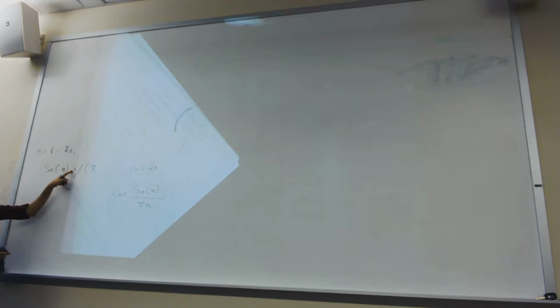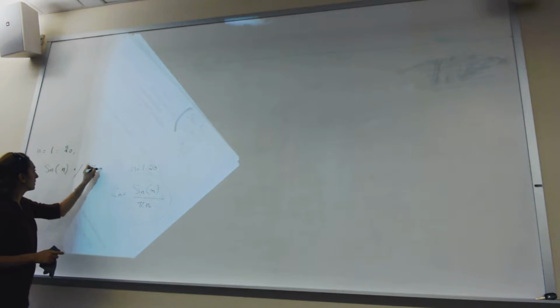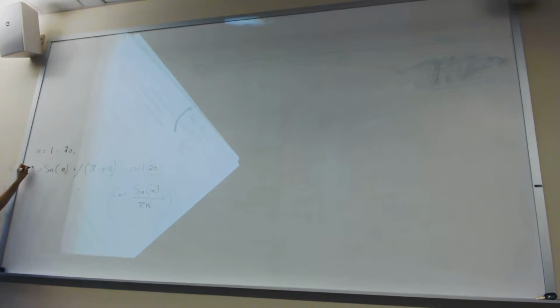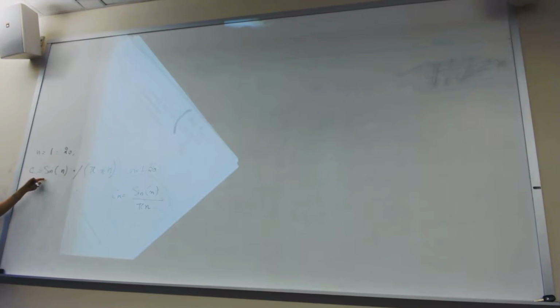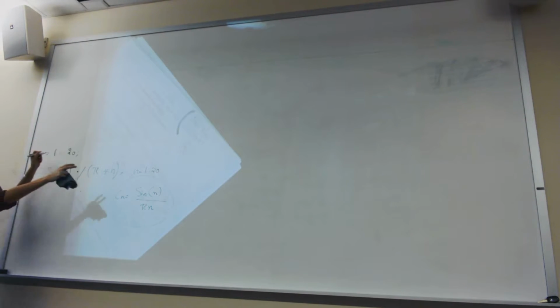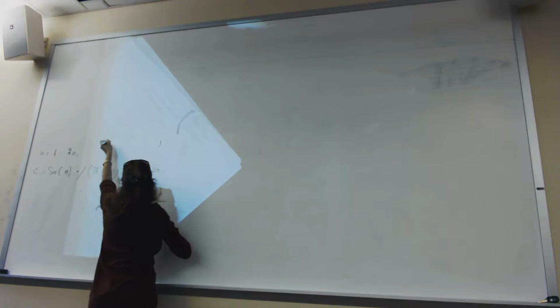So you can easily use this dot division. If you do that, what would be the output? It's going to be a vector. Do you agree? So your n is a vector of size 20: 1, 2, up to 20.